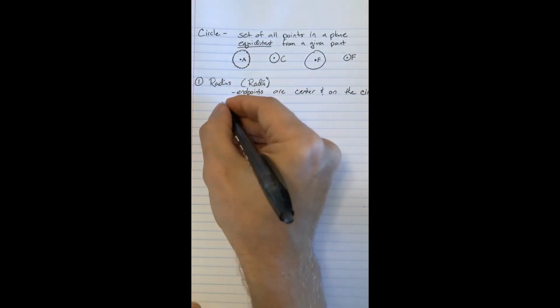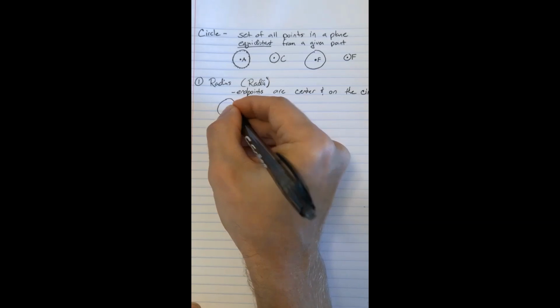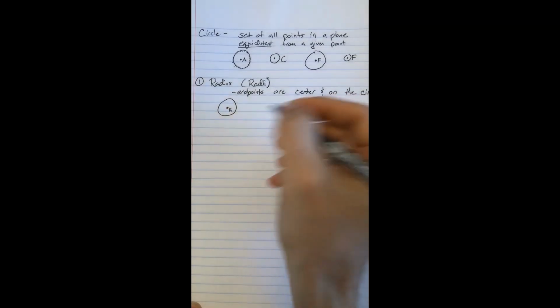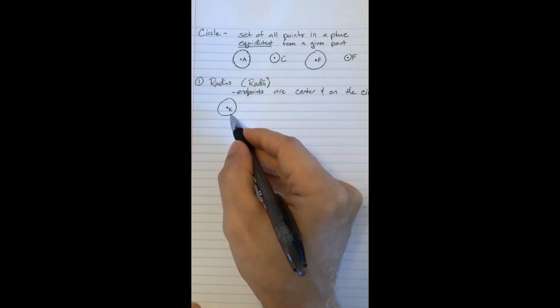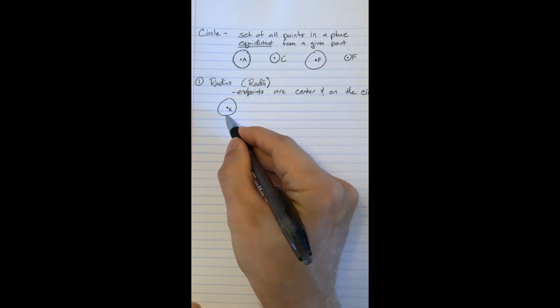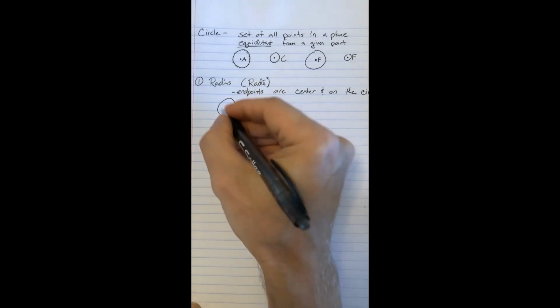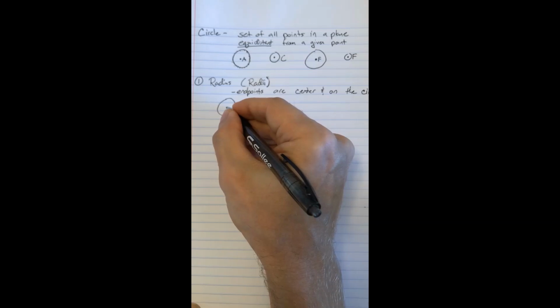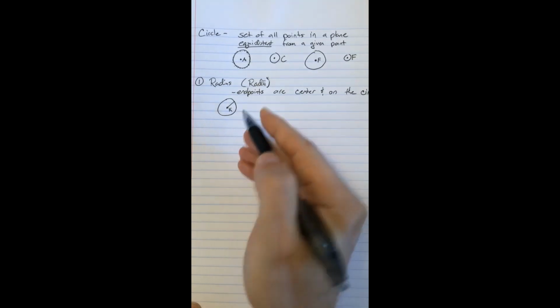So let me show you what I mean. If I have a circle right here, let's call this circle K. See what I did there? Circle K. Anyway, if I have a circle right here, this is the center, and this right here, the circle itself, that's the circle. So we would say a segment that goes from here right to that outer edge, to the circle itself.